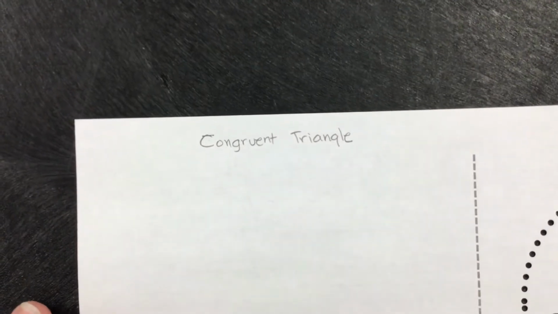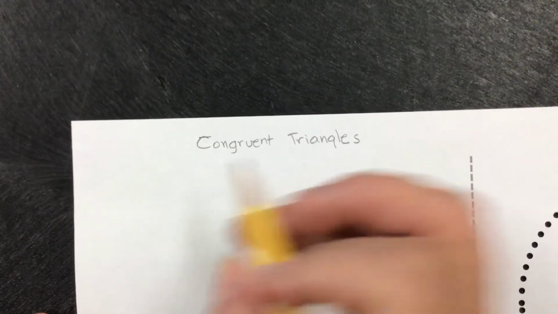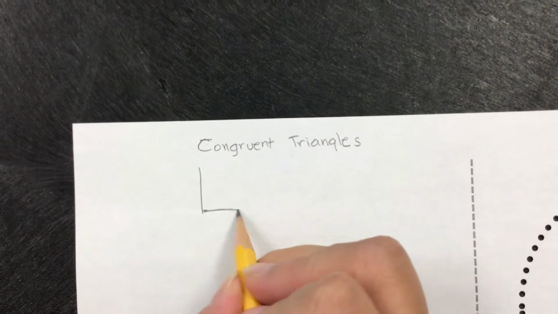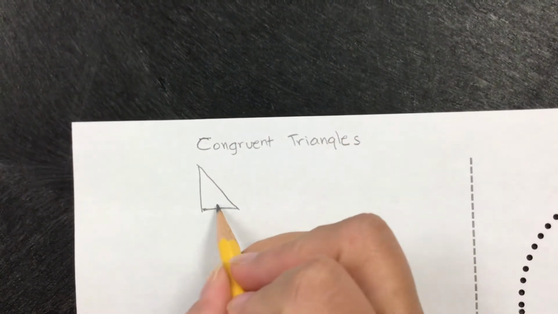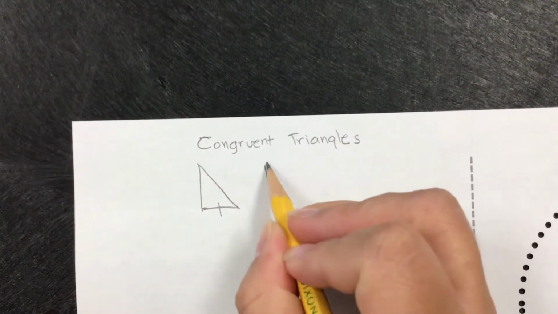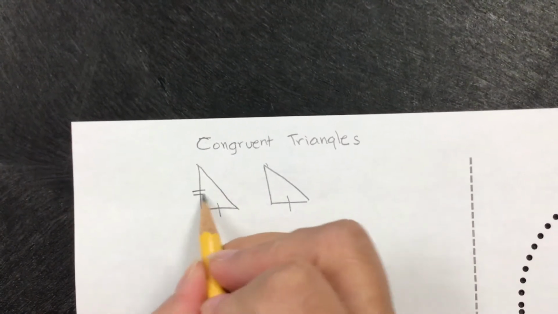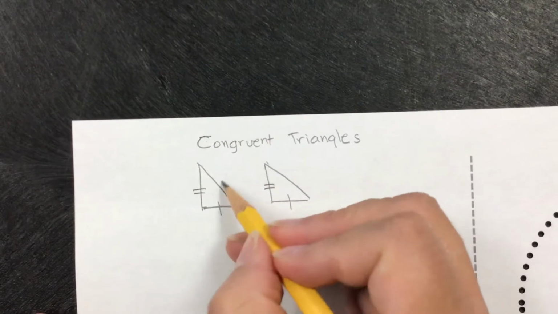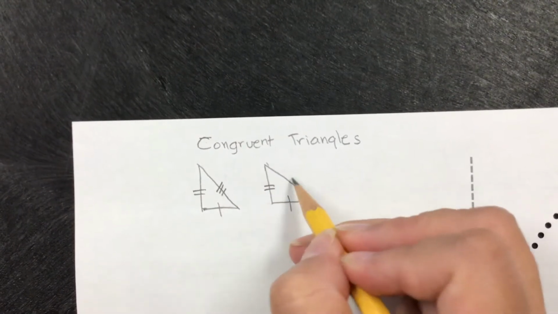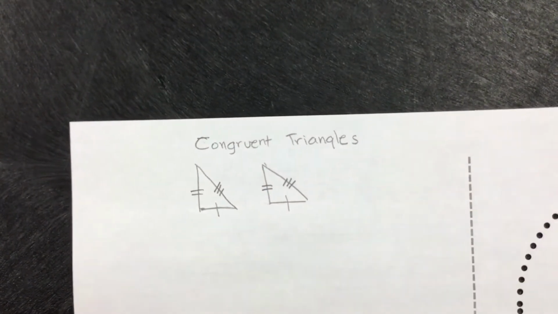Congruent triangles are two triangles that have everything equal. That would mean all three sides are equal to a corresponding side of the other triangle.